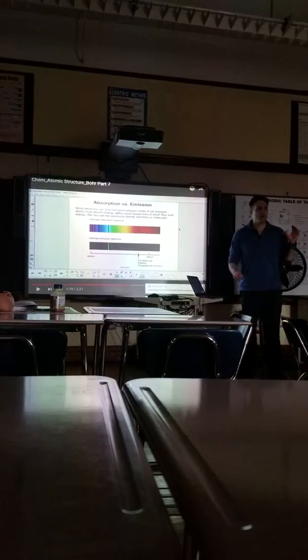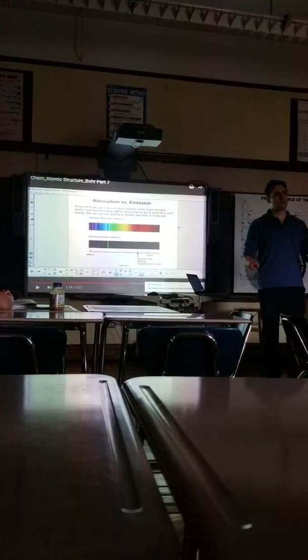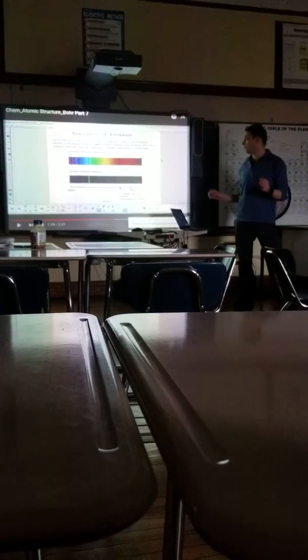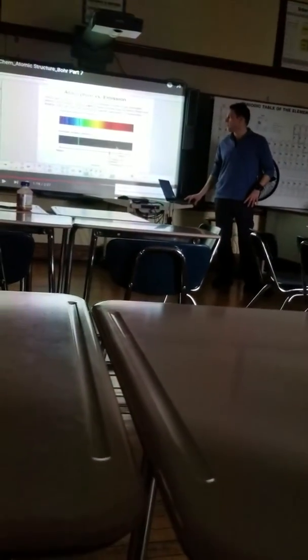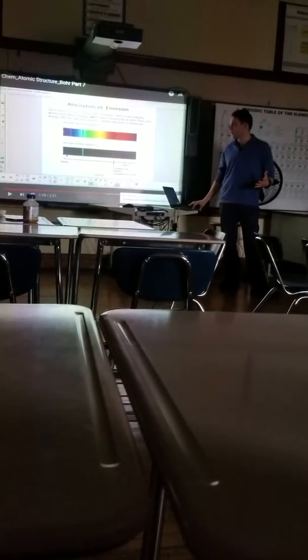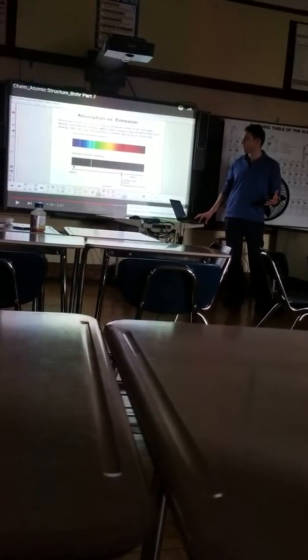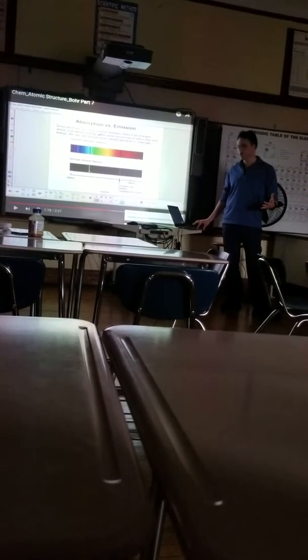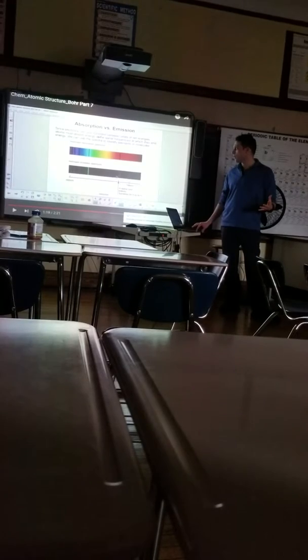Hydrogen absorption is when white light hits it. When white light hits it, it's going to absorb different colors, because white light is made up of multiple colors. Emission is when it gives off light. Hydrogen is going to give off purple, blue, turquoise or red.